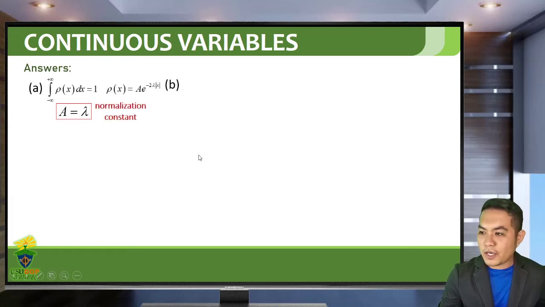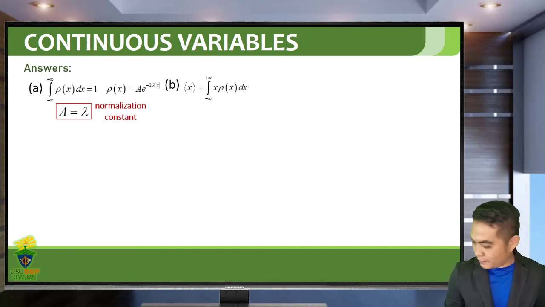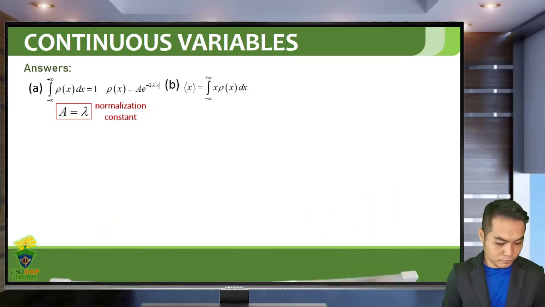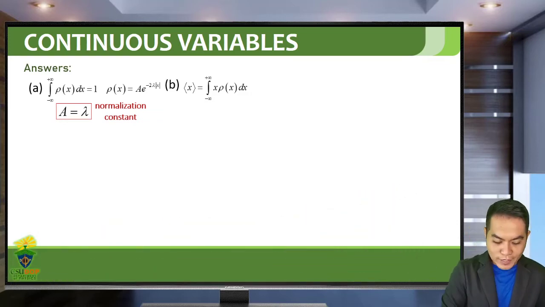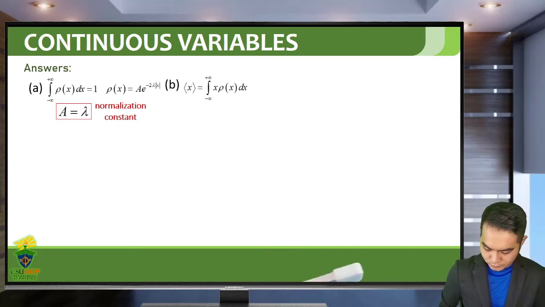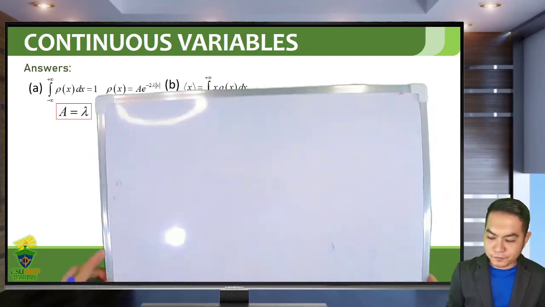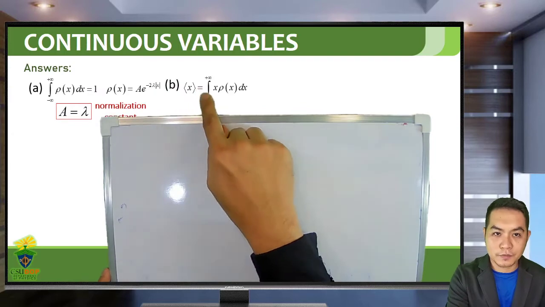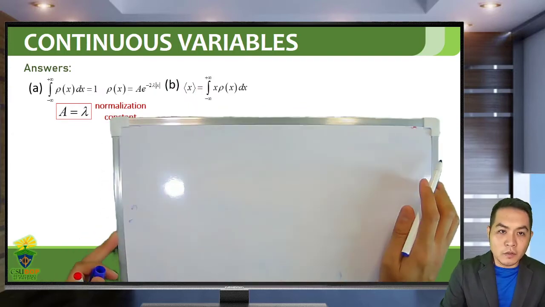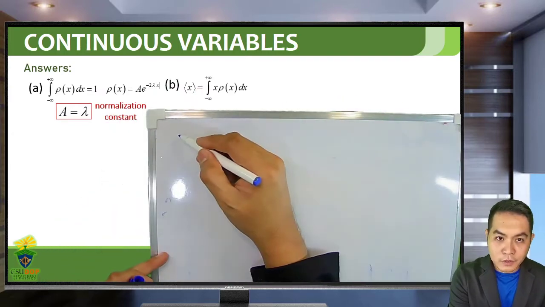So for letter B, we are asked to find the expectation value of x, the expectation value of x squared, and the standard deviation. To find the expectation value of x, we use this formula here. So the mean value is this equation.